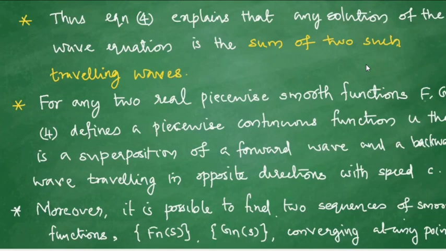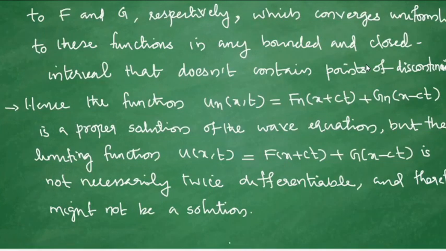So if f and g are piecewise smooth functions, then it is possible to find two sequences of smooth functions, f_n and g_n, which converge at any point to the functions f and g.